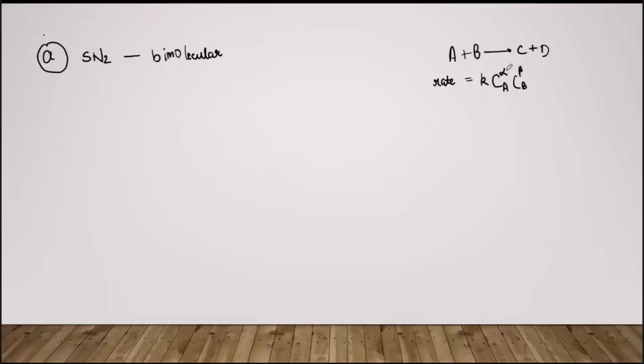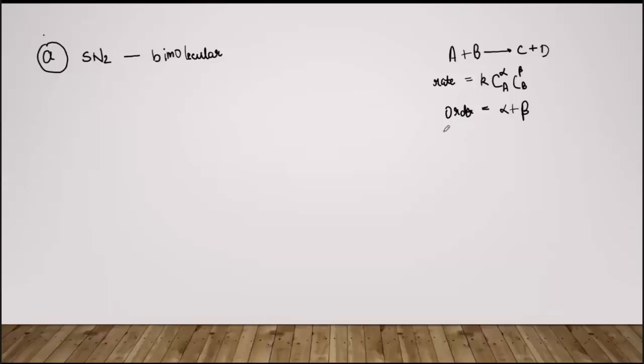So these alpha and beta are known as the order of the reaction. Okay? So what is the overall order? Alpha plus beta is the overall order of the reaction.